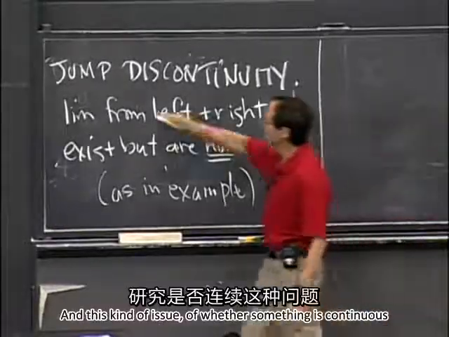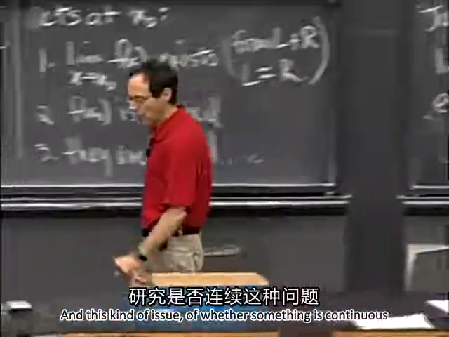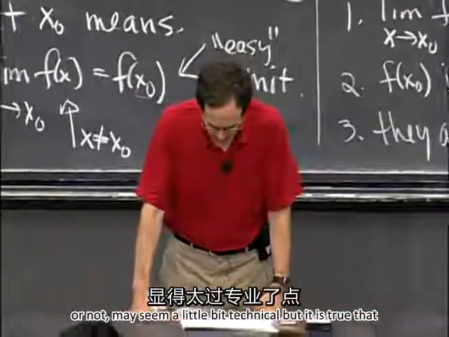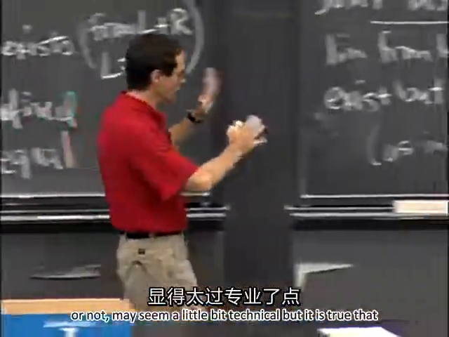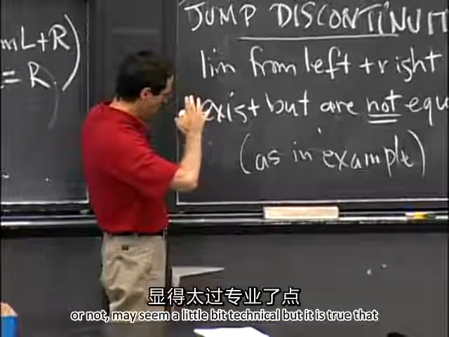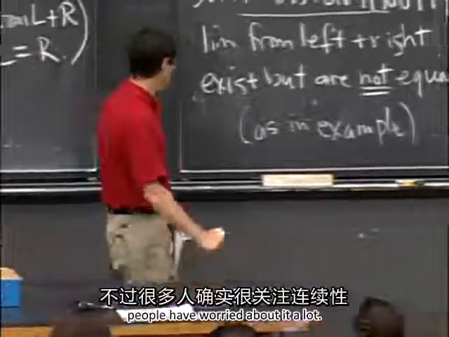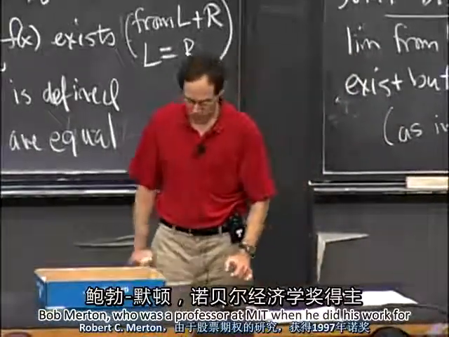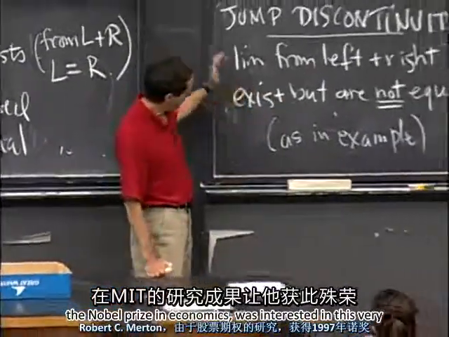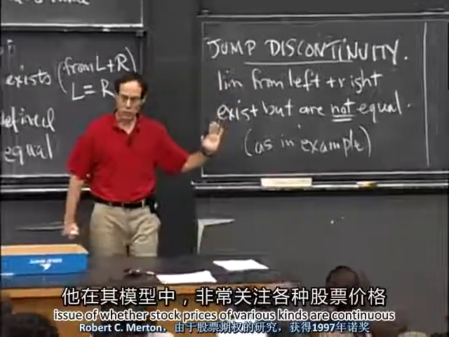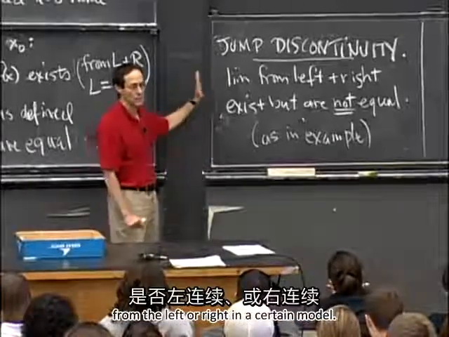And this kind of issue of whether something is continuous or not may seem a little bit technical, but it is true that people have worried about it a lot. Bob Merton, who was a professor at MIT when he did his work for the Nobel Prize in economics, was interested in this very issue of whether stock prices of various kinds are continuous from the left or right in a certain model.